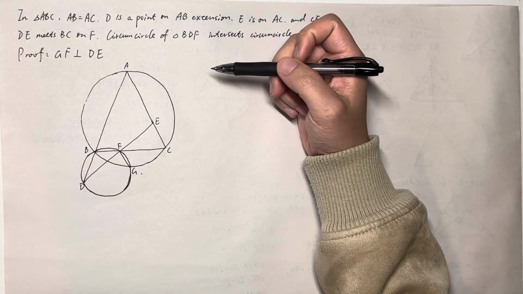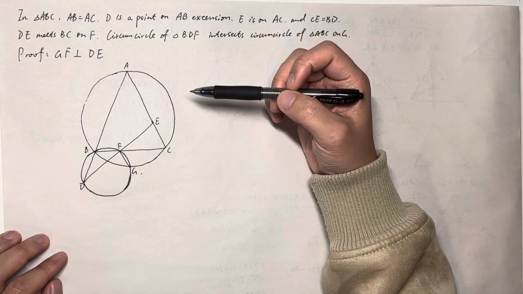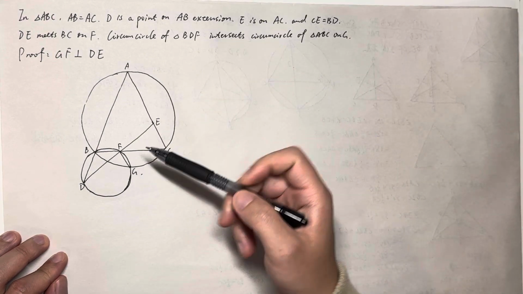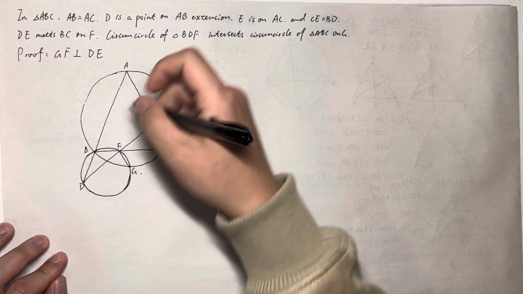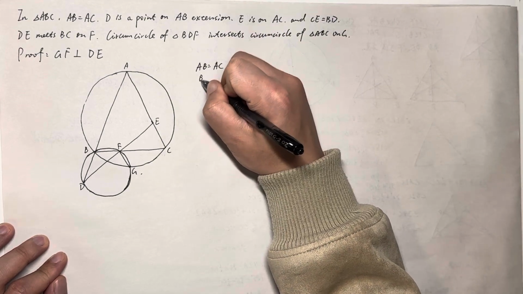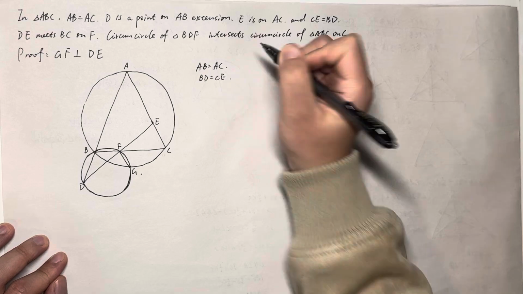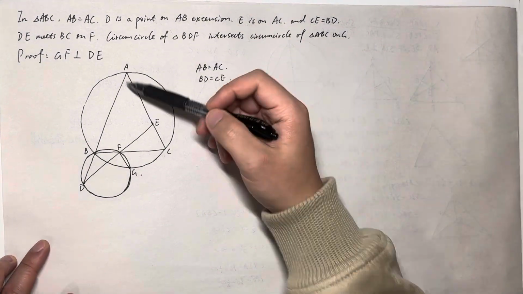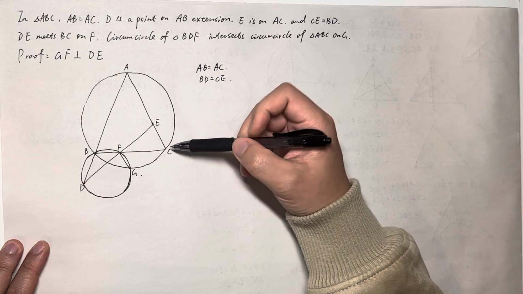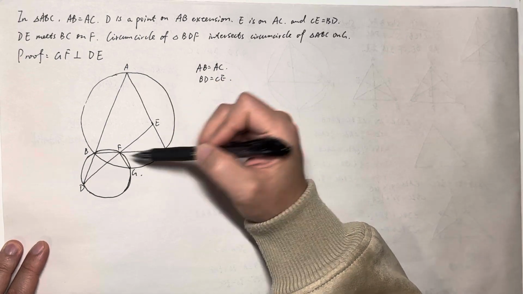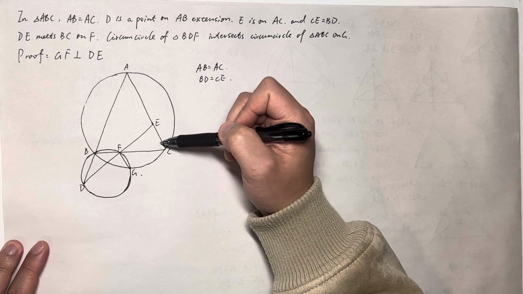So for this problem, we already see two intersecting circles, right? And we only know that AB equals AC and BD equals CE. AB equals AC gives us a relationship between angle ABC and angle ACB, right?